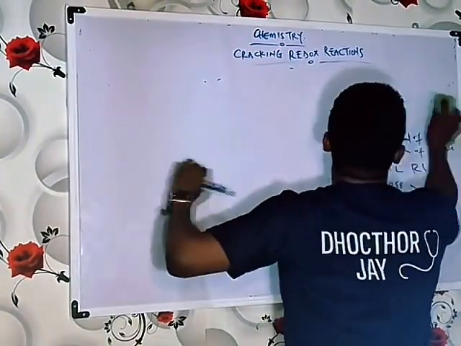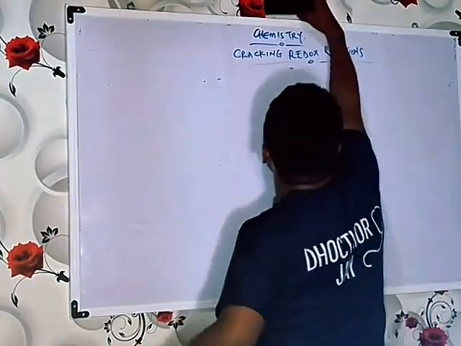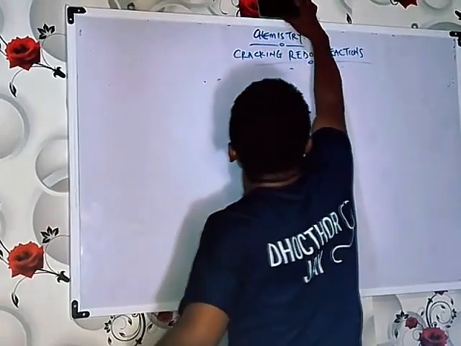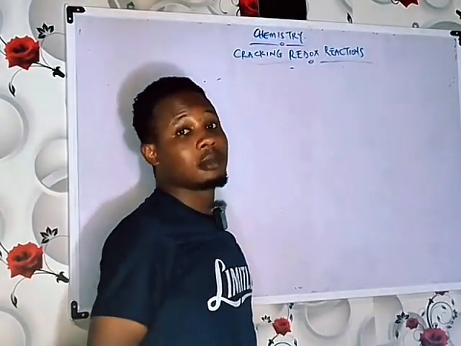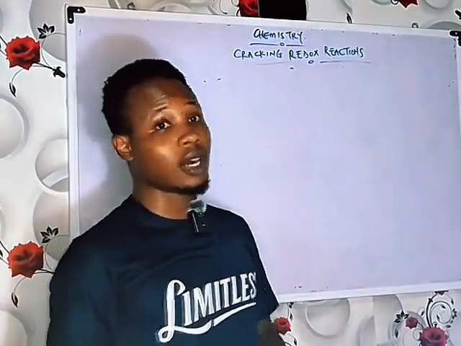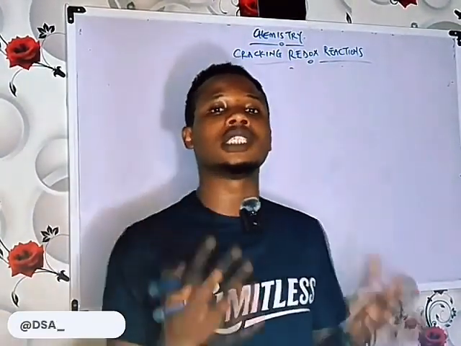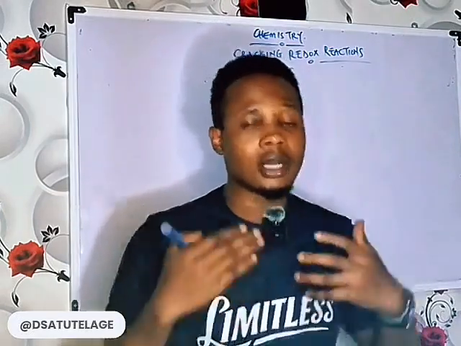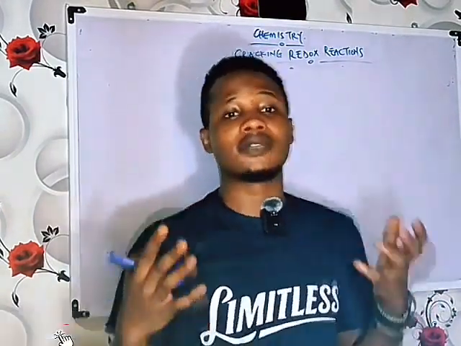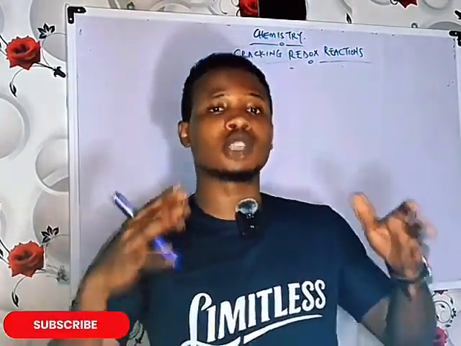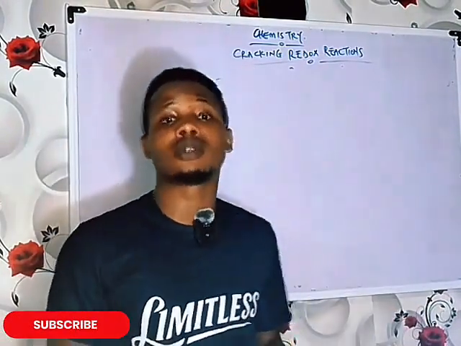All right. Now we move on to the next step. We said that redox reactions can be defined in terms of oxidation number, and it means that we need to know how to calculate or at least arrive at the oxidation number of atoms of elements in any particular reaction.